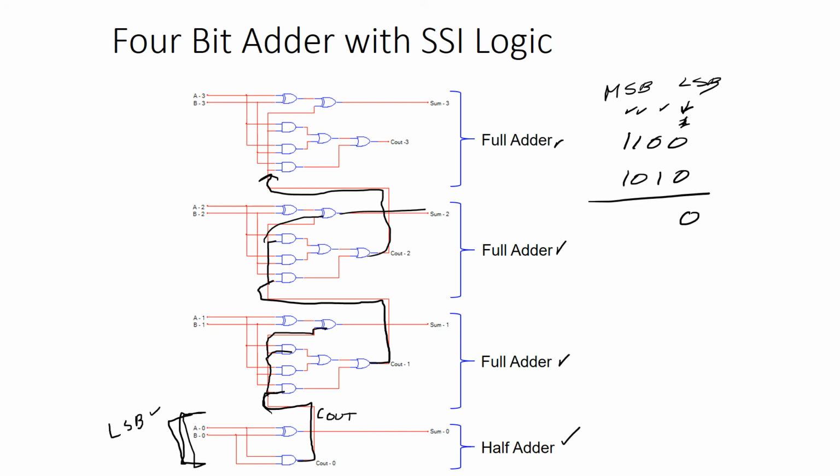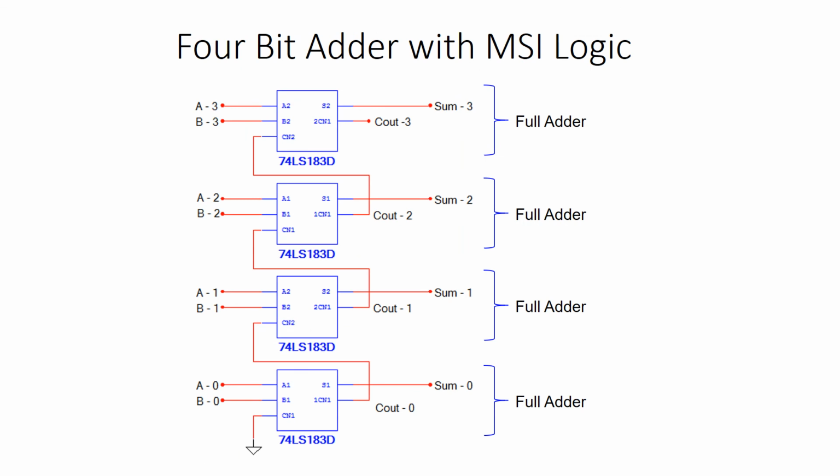So in this last slide, we have a picture of the simplified circuit. I've used the adder chips, right? Do you recall a couple of slides ago I showed a diagram of the 74183 chip. This is a medium scale integrated chip, and this is much simpler to understand what's going on. This is my ones place, or the least significant bit.